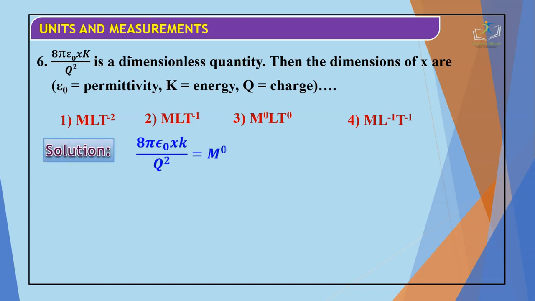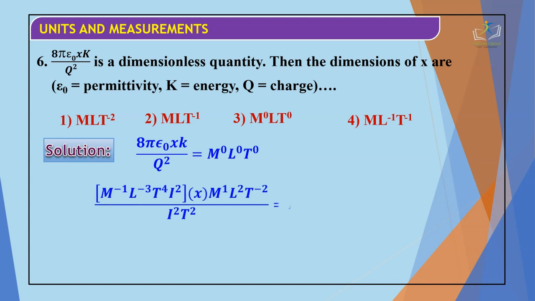Solution: we just put these values in the dimension form and equate each and every value. M minus 1 L minus 3 T4 I2 x M1 L2 T minus 2 I2 T2. So this is equal to our dimensionless quantity which is M0 L0 T0. From here we got the value of x which is L. So from here we can say the third option is the right option.